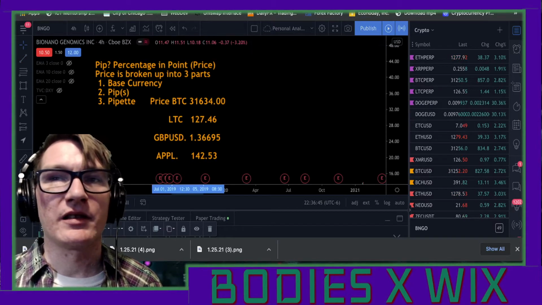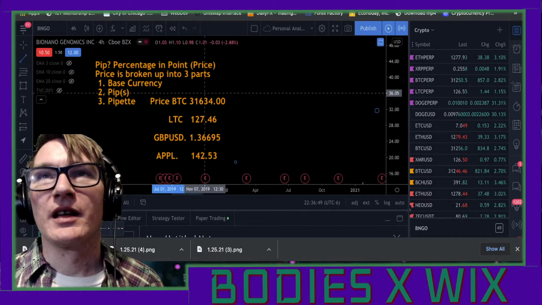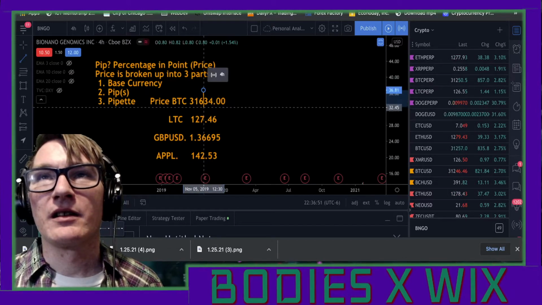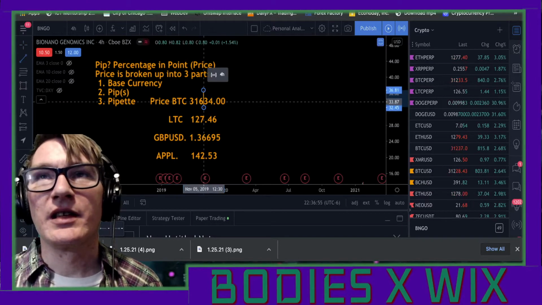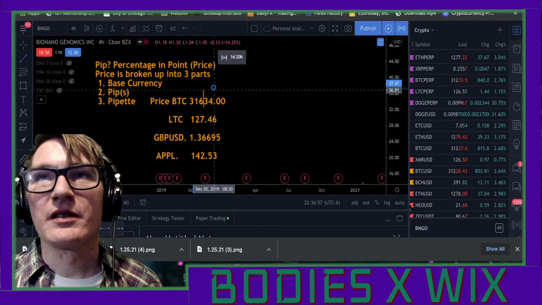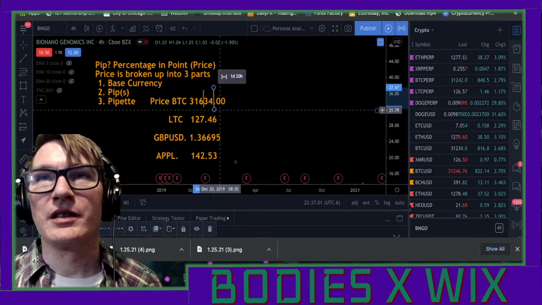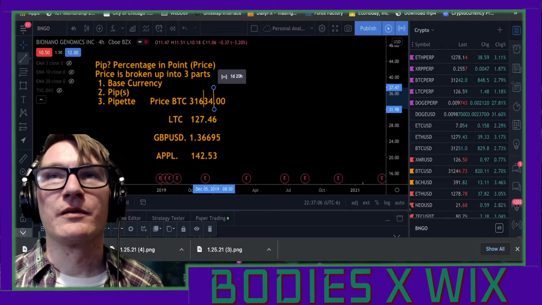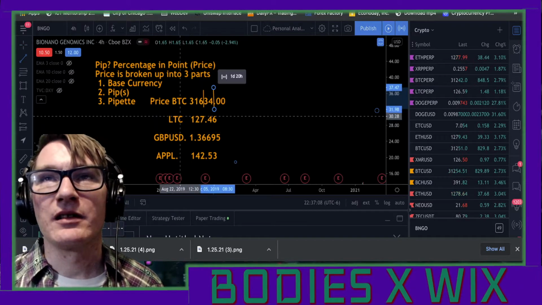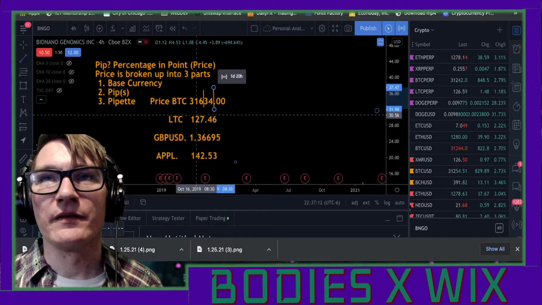So your first 3 here is your base price. Let me get this off of here because that did not work. Like with Bitcoin, it would be right here, your base price. These 2 would be your pips, and then your last would be your pipette. Then with Litecoin, it's a little bit different.